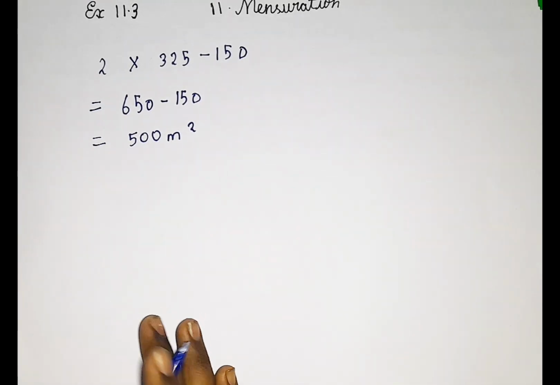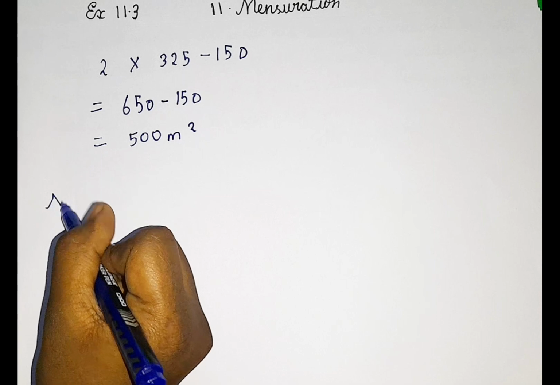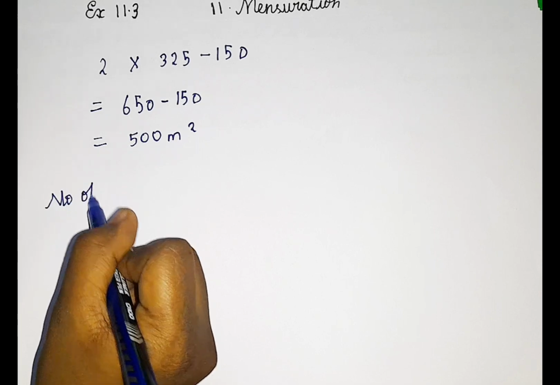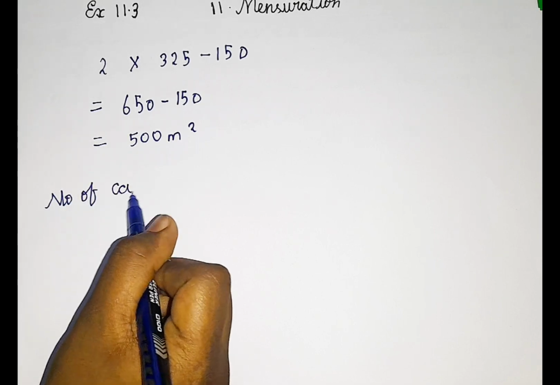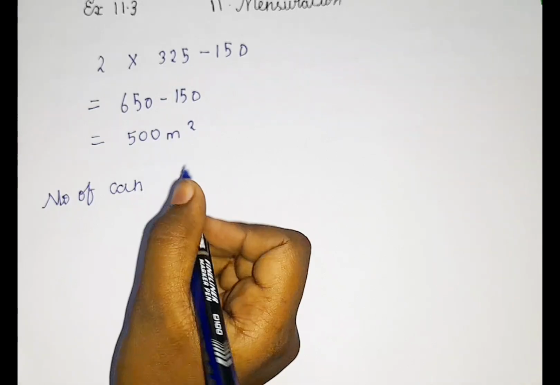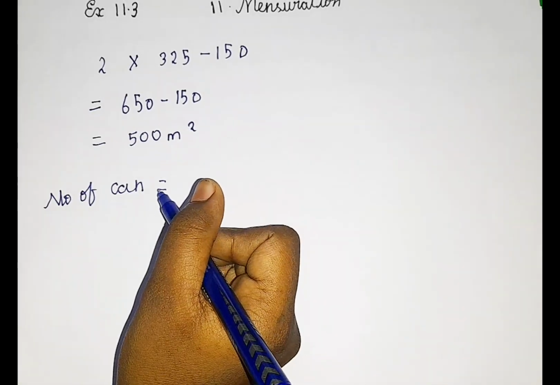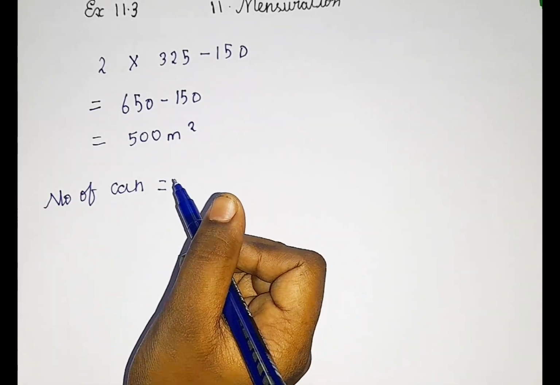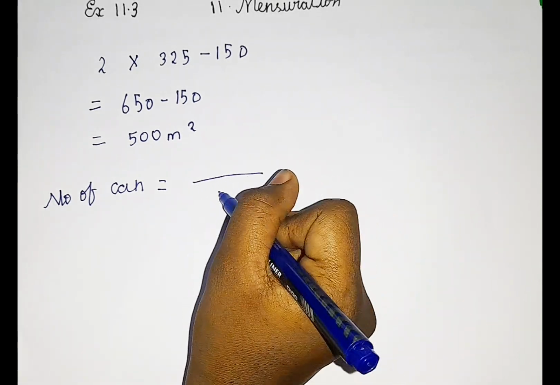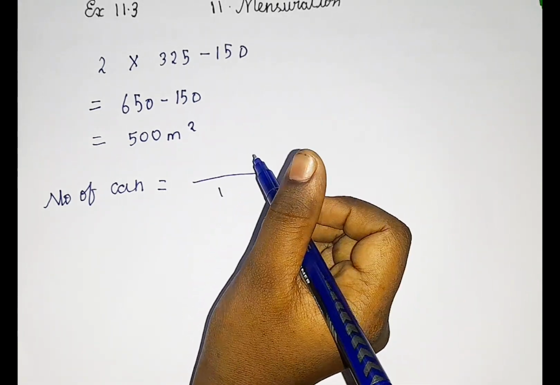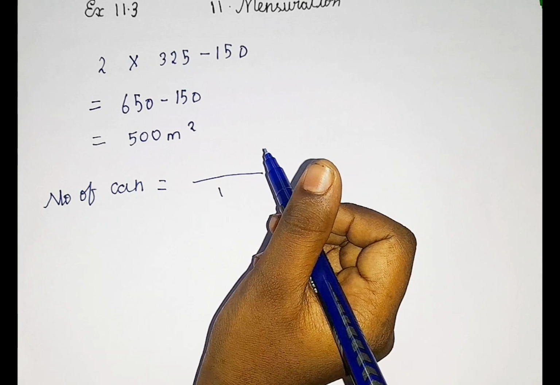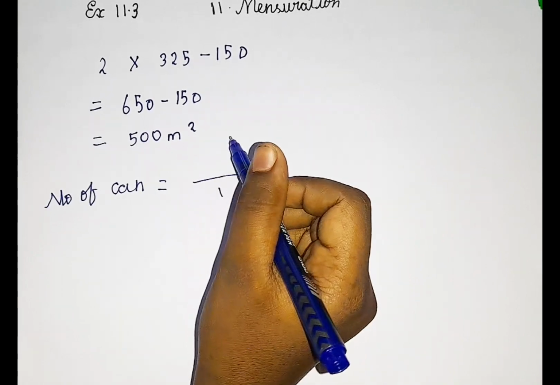So next we are going to find the number of cans. In the question they mentioned that for one can, for covering 100 meters square, and we have 500 meters square, right?